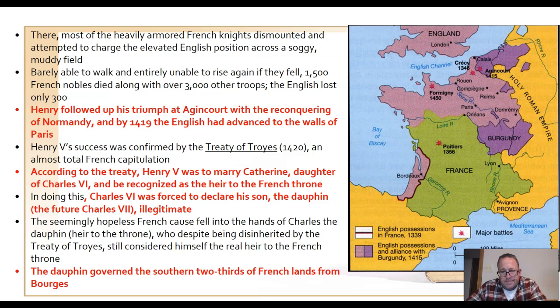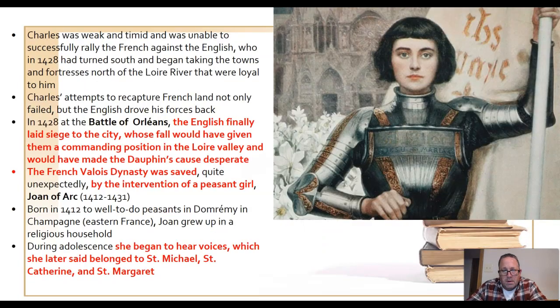So this is the stage for a comeback. The tide of the war is going to change hands. And this is important because of this woman. Her name is none other than Joan of Arc, sometimes known as the Maid of Orleans.